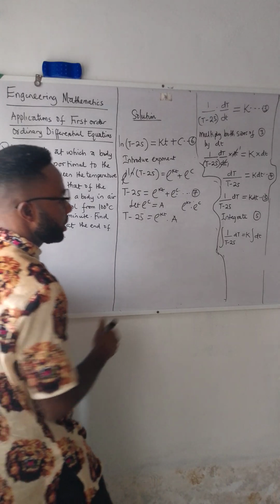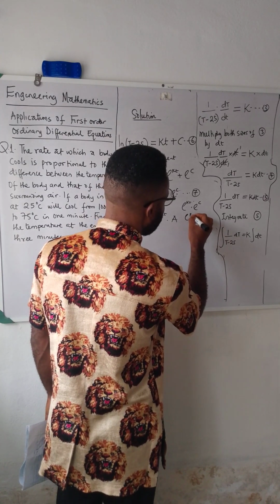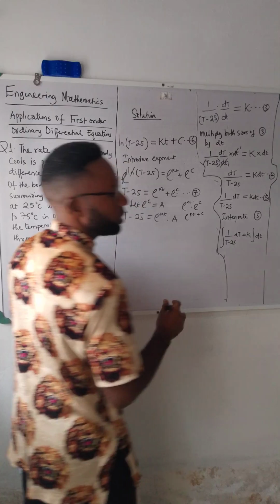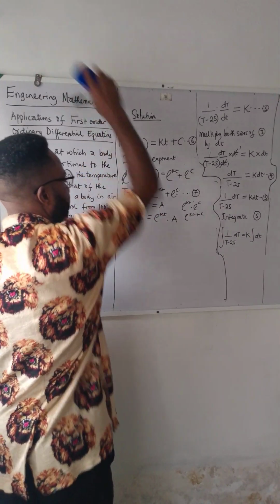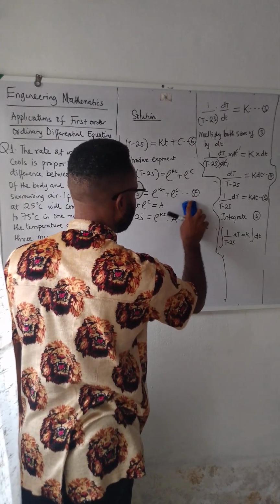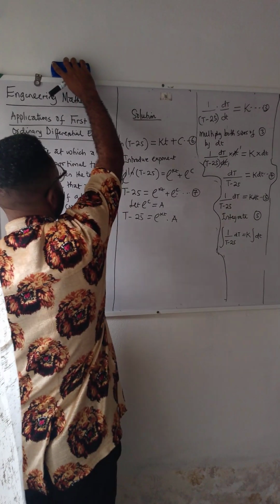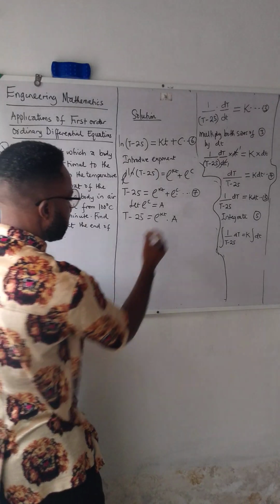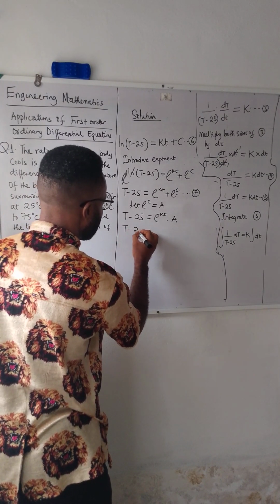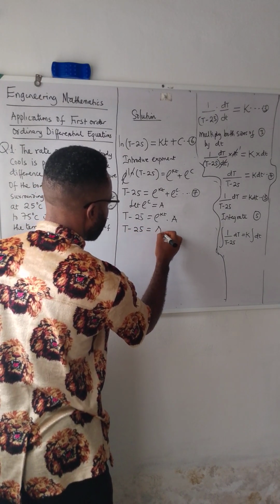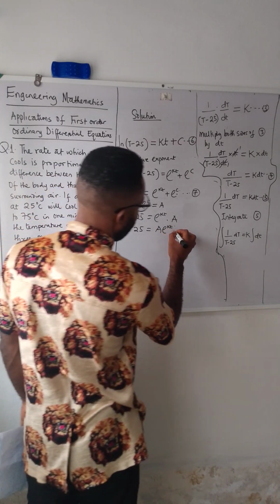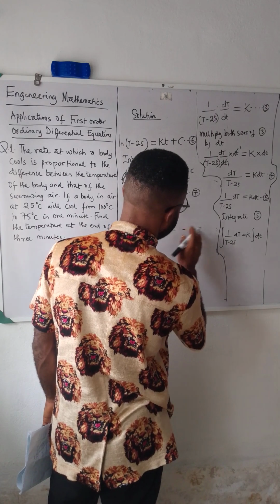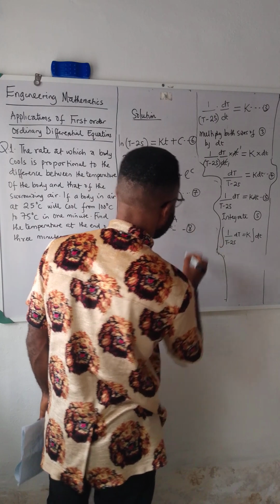So we have t minus 25 equal to a exponent kt, and let's call this equation 8.